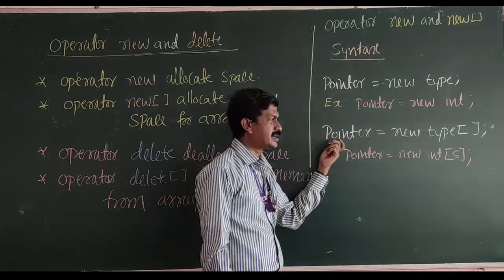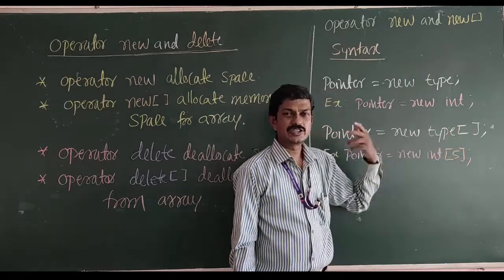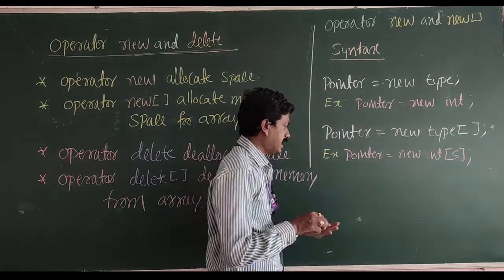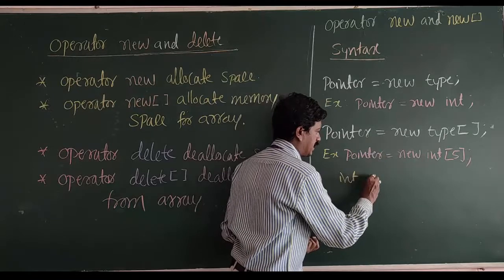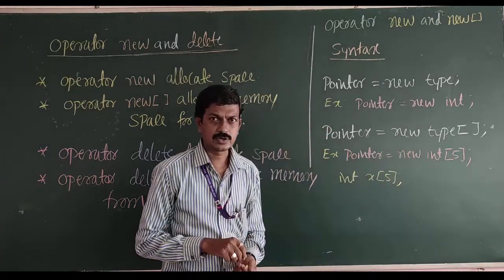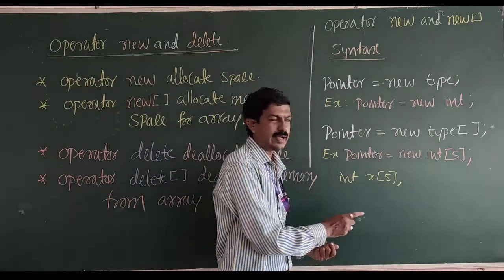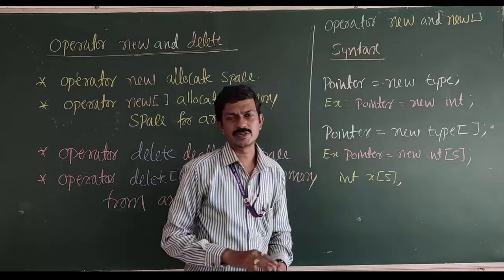Next one is pointer equal to new type with square bracket. Initially I declared, let us consider, integer x of 5. I declared an array type variable that is able to hold only 5 elements.